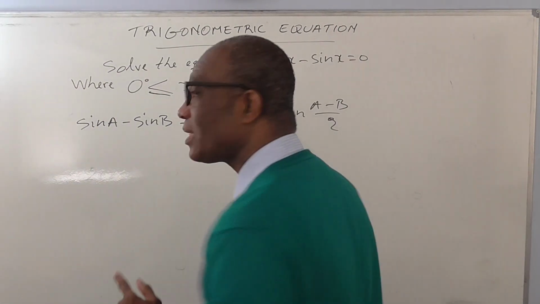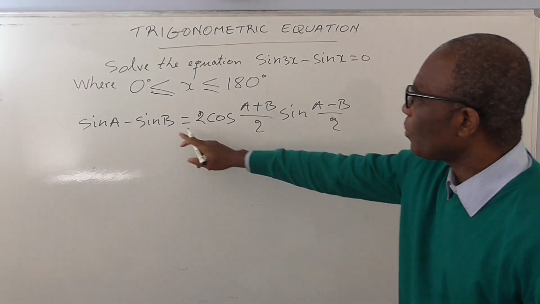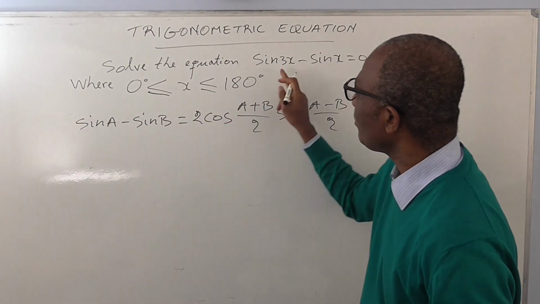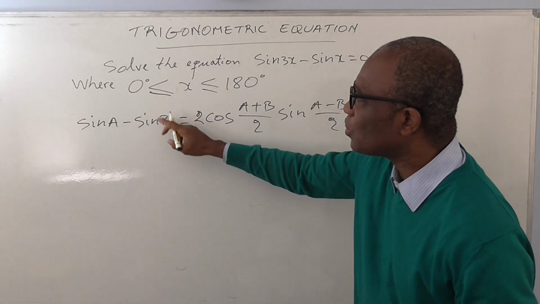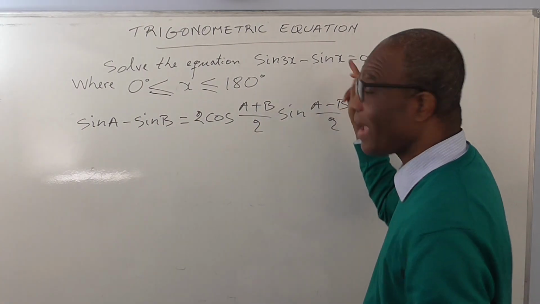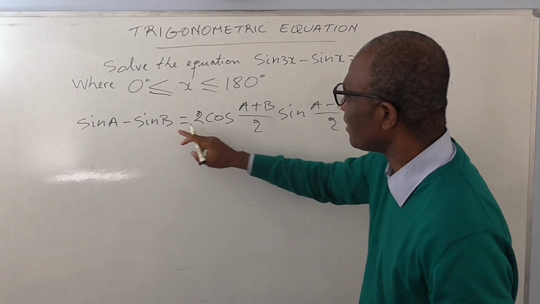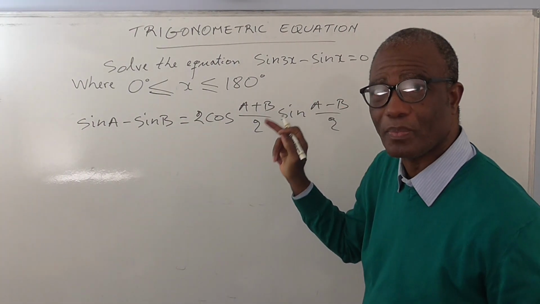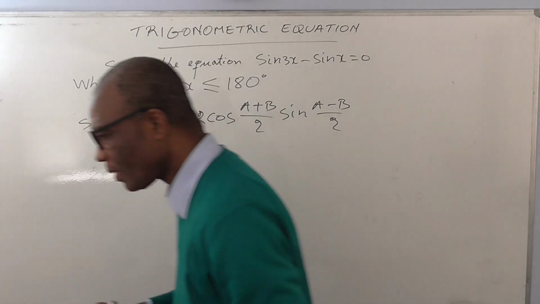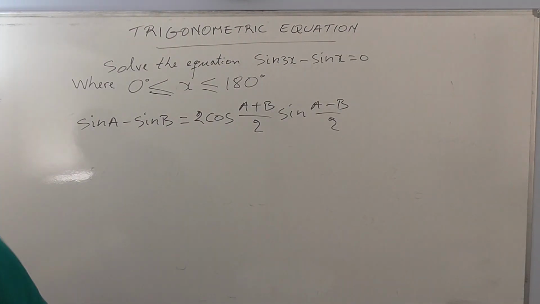But by using this, we are going to replace A by 3x and we're going to replace B by x. So our A here is 3x and our B is x. Now, I'm going to use the formula.